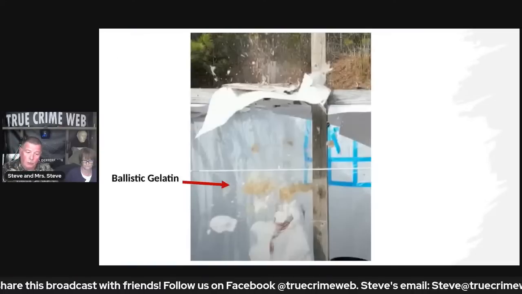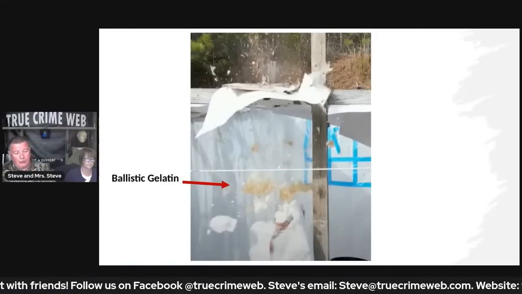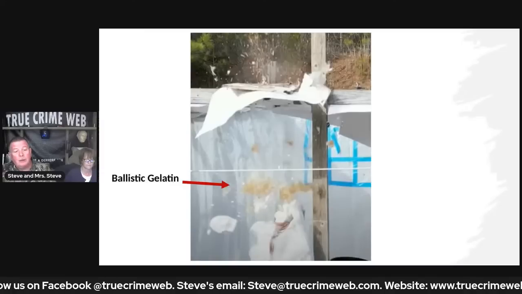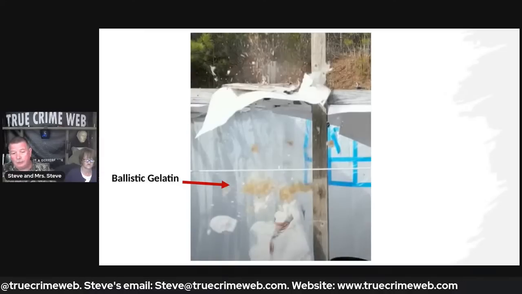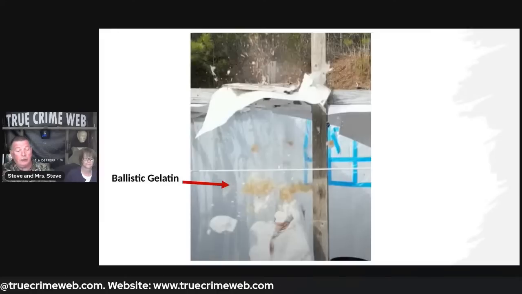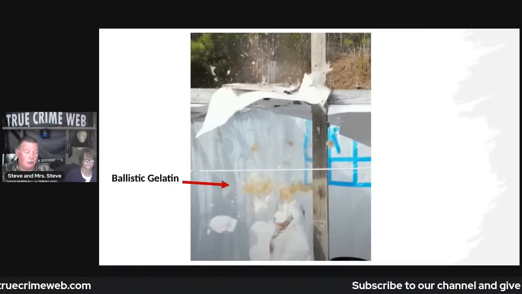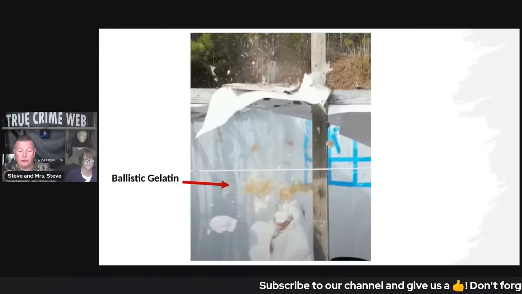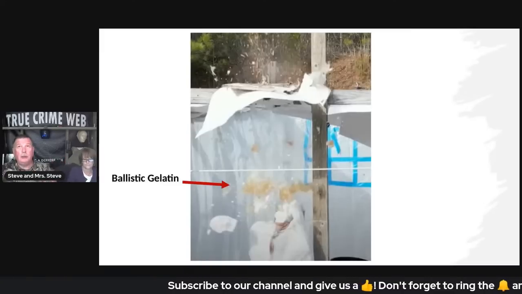And so when the shot went off, as you see, the ballistic gelatin, I went out there and stop-framed the video and created this slide. You can see that the ballistic gelatin absolutely goes in a 360-degree circle, and all the debris does the same.